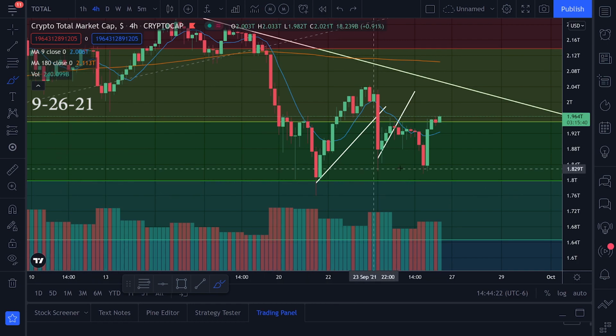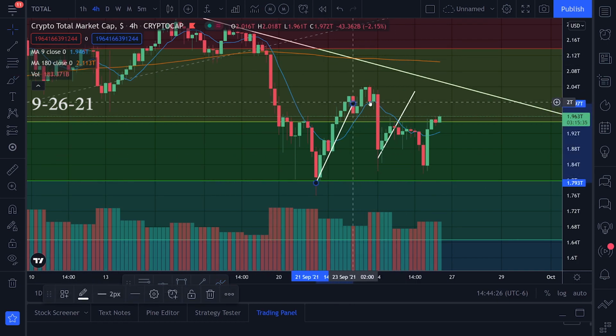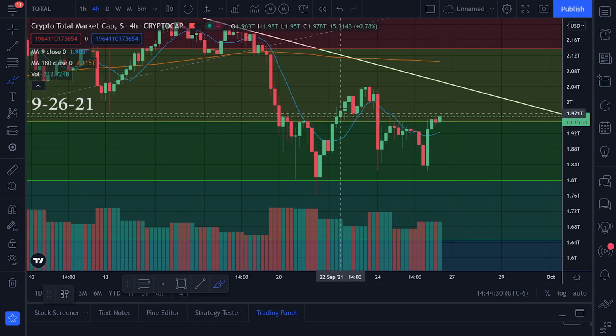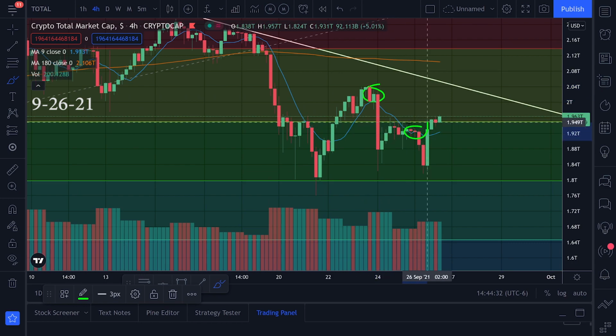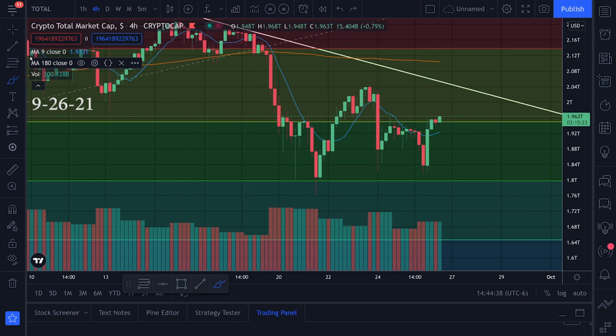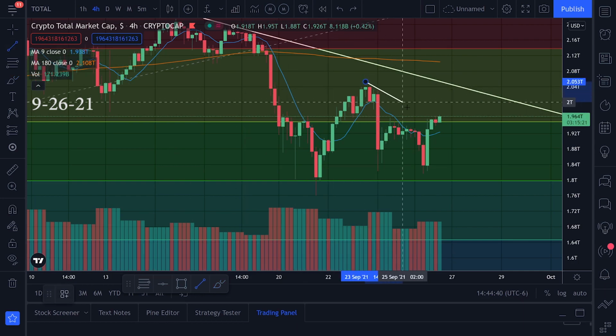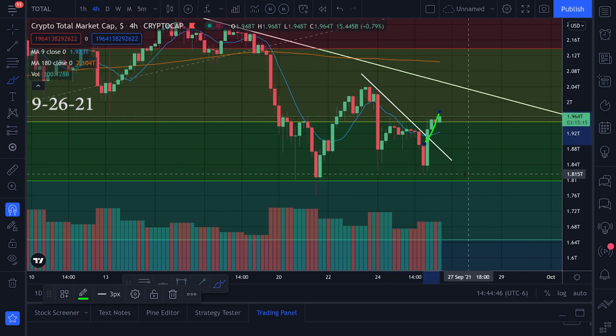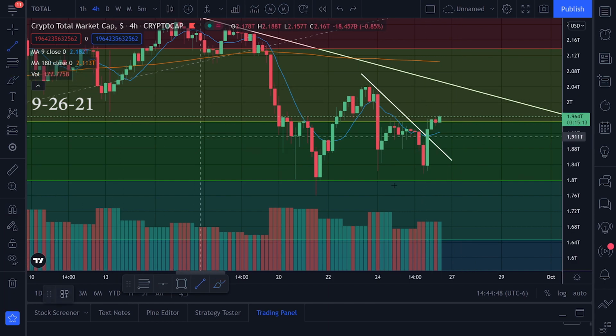Here's another thing that I'm looking at that I just saw. If we delete these trend lines, I was watching those uptrends and we broke both of them going to the downside, but we had resistance right here and resistance right here, and then support down here, support right here, and maybe support right here. There's a couple of different things we can look at. We had a resistance line and we broke that going to the upside right here. Now it's a matter of which one is the bottom.